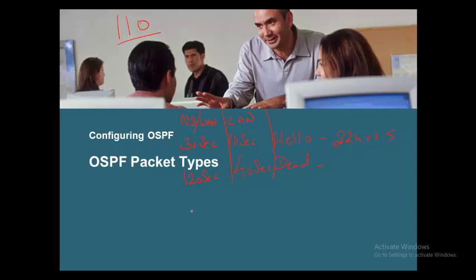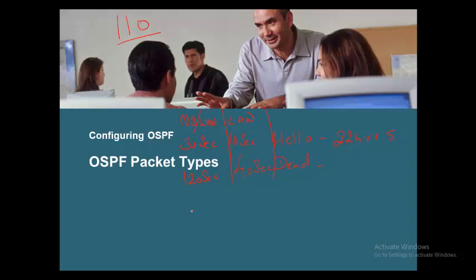Now, in the first chapter, we learned about the link state, and now we are learning about the packet types, but you should not take it like this. The sequence in which you have learned is not the sequence in which the OSPF adjacencies are made.